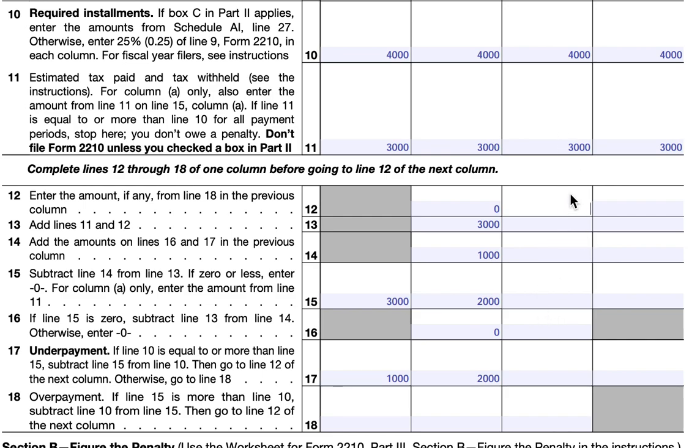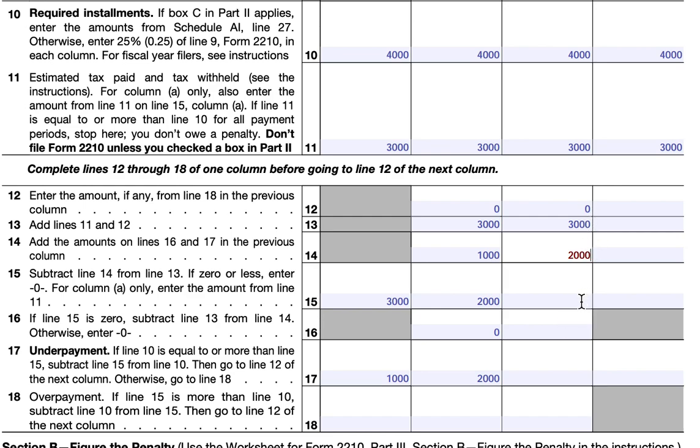So there's no amount from line 18 because there was an underpayment. You're going to bring down the $3,000, which you've added to this 0. Lines 16 and 17, well, now you've got a $2,000 underpayment that you're carrying forward. You're going to subtract that from line 13.